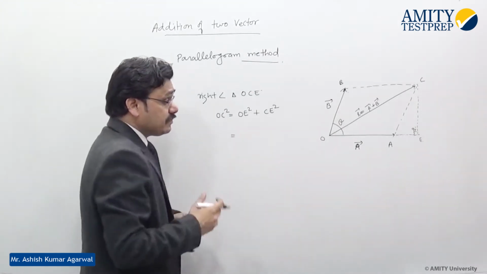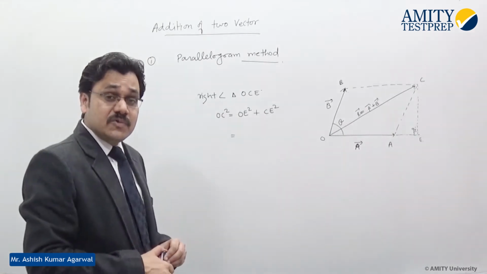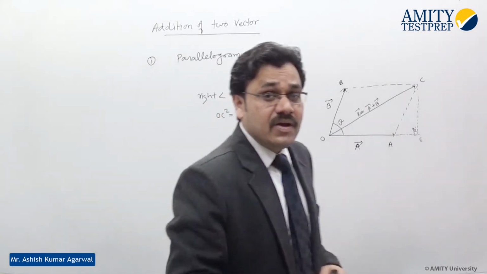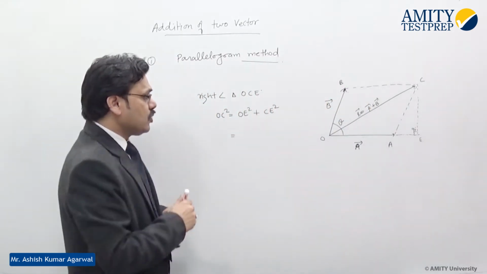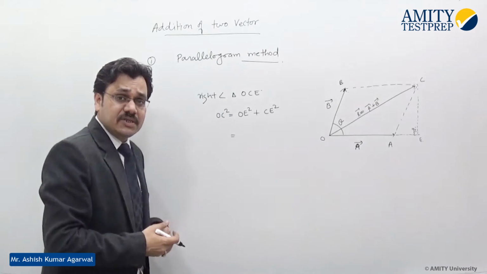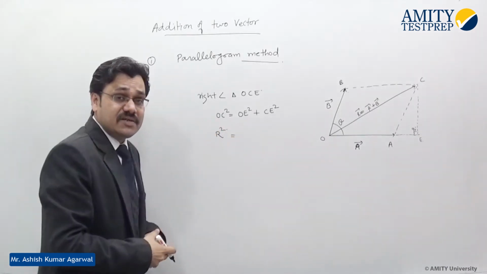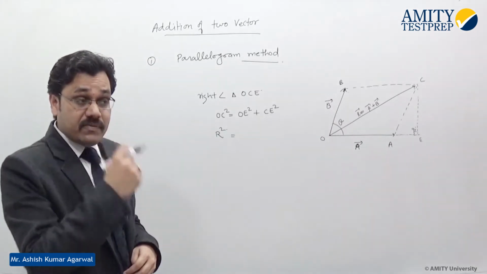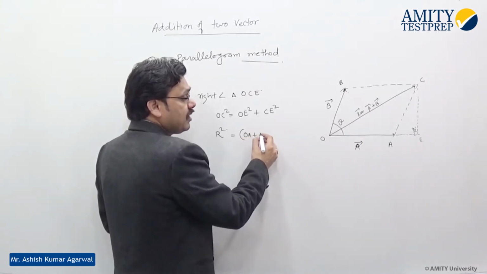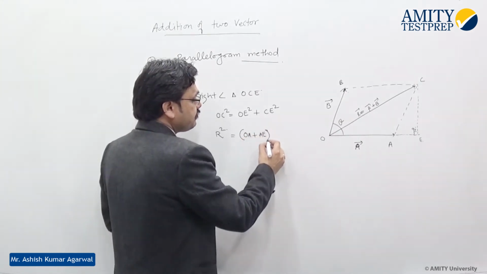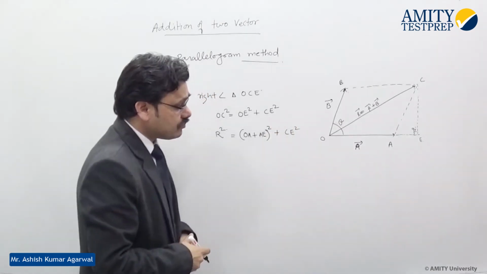Now what is OC actually? OC is the resultant vector. So the length of OC will give you the magnitude of the R vector. So in place of OC square, I can write R square, the square of the resultant vector. Now OE is OA plus AE, squared, and CE is definitely a perpendicular.